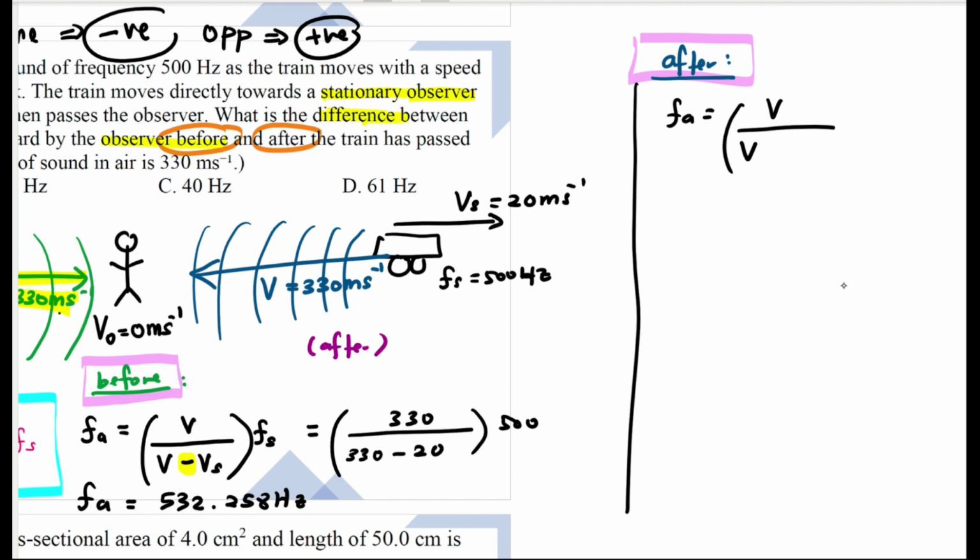Direction V ini to the left, tetapi direction VS is to the right. They are opposite direction. So ini saya akan letak, kalau tadi kita adalah negatif, so this time is positive VS. Okay. So cara you tulis equation kena betul lah. Kalau tak, you akan salah kira.